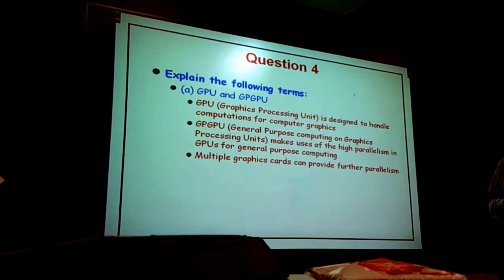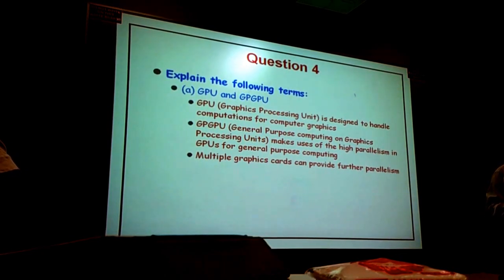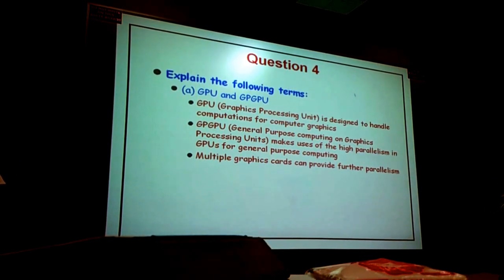For graphics processing, it's convenient to have a large number of quite simple processors. So these graphics processing units usually have a large number of processing elements, but those processing elements are quite simple.